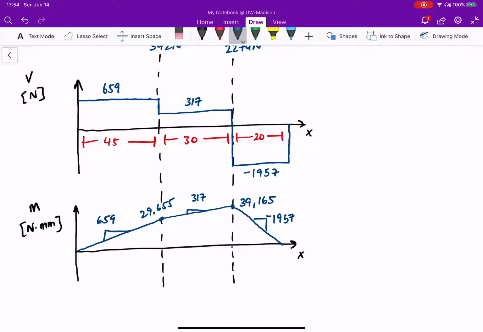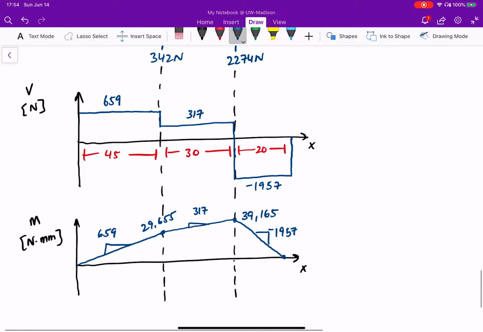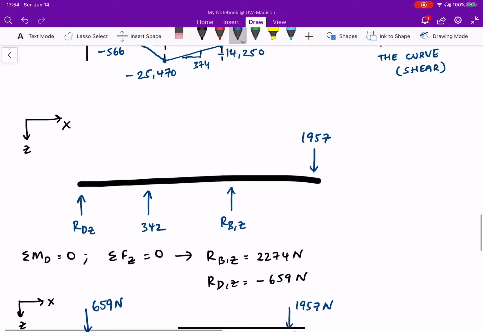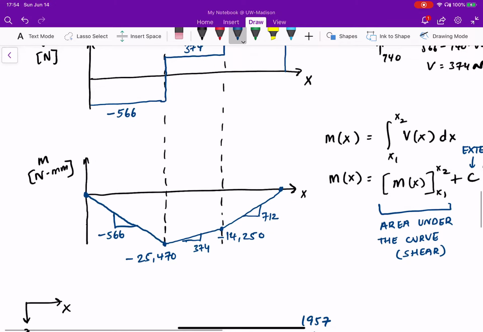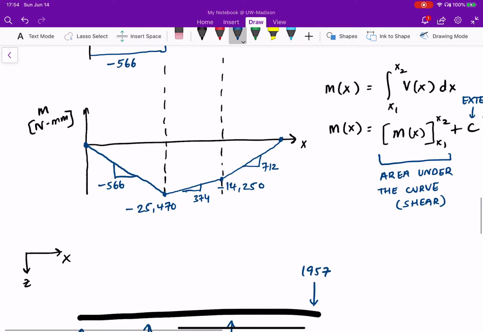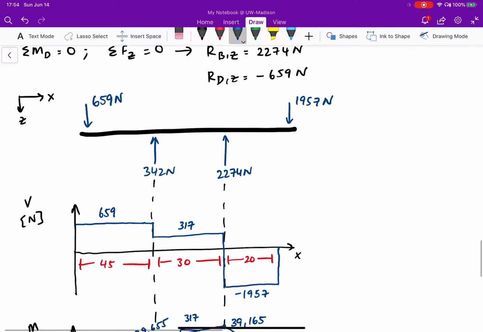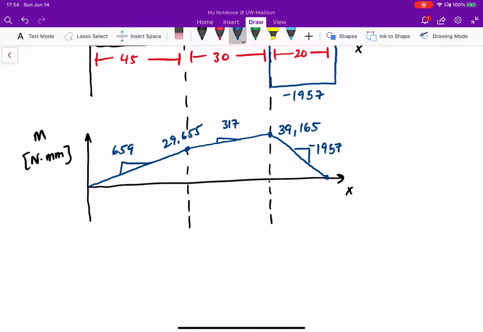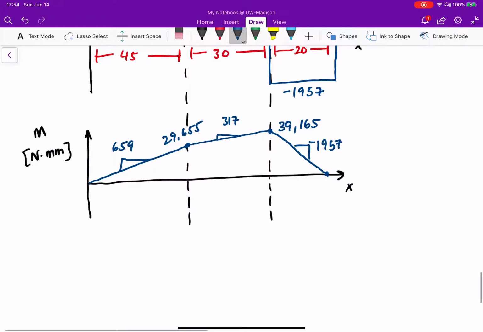And if you multiply 1957 by 20, you should get something close to 39,100 and back to zero, which makes sense because there is no external moment being applied on the system. So there you have it. You have the bending moment diagrams in the XZ plane and the XY plane.